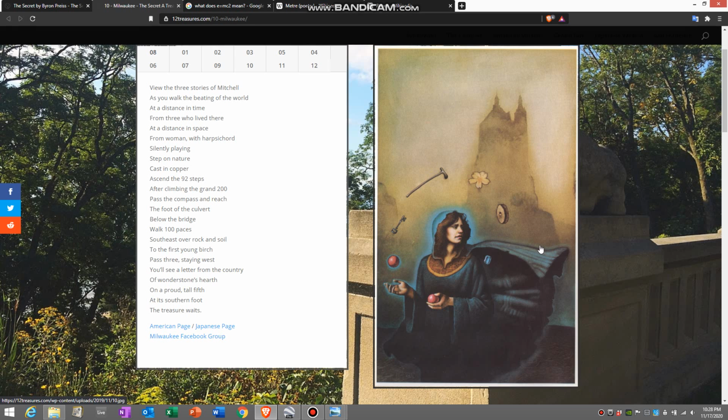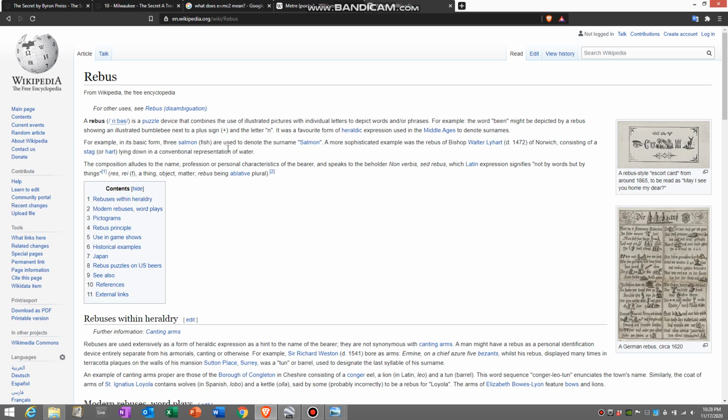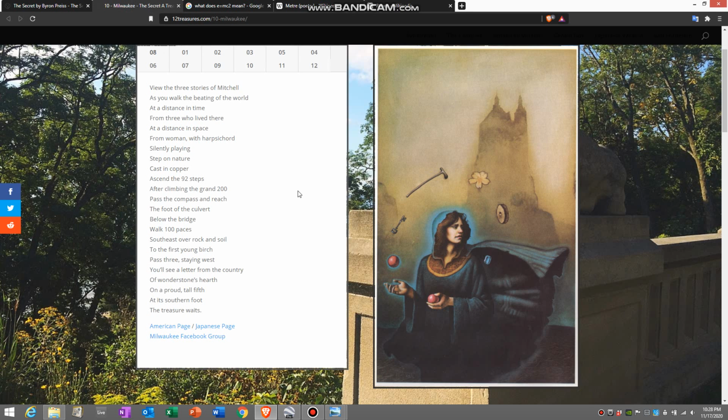But I also think that it was a major clue to how to solve this puzzle. A rebus puzzle is essentially symbolism. It's a device that combines the use of illustrated pictures with individual letters to depict words and or phrases. So it's essentially symbolism.